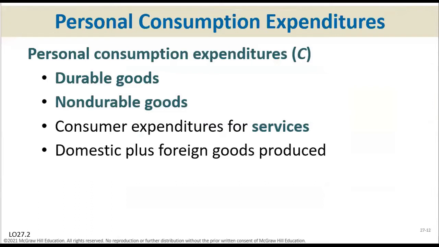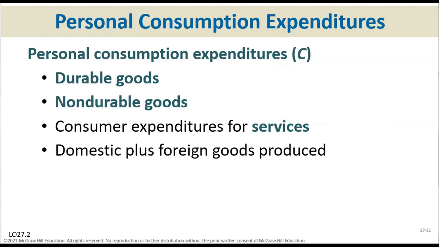So now let's look at the different elements or variables that roll into the determination of GDP using the expenditure approach. The first variable is consumption, personal consumption expenditure, indicated in the formula by C, right? And that covers all the expenditure by households on final goods and services during a year, right?